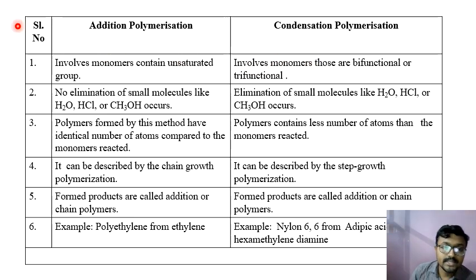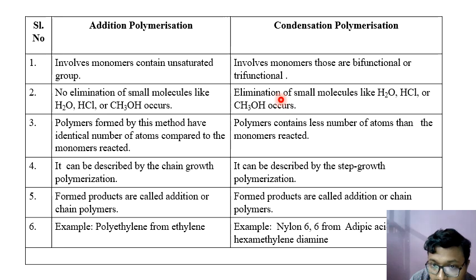In condensation polymerization reaction, there is an elimination of small molecules like water, HCl, methanol. But in addition polymerization reaction, there will be no elimination of small molecules like water, ethanol, HCl.